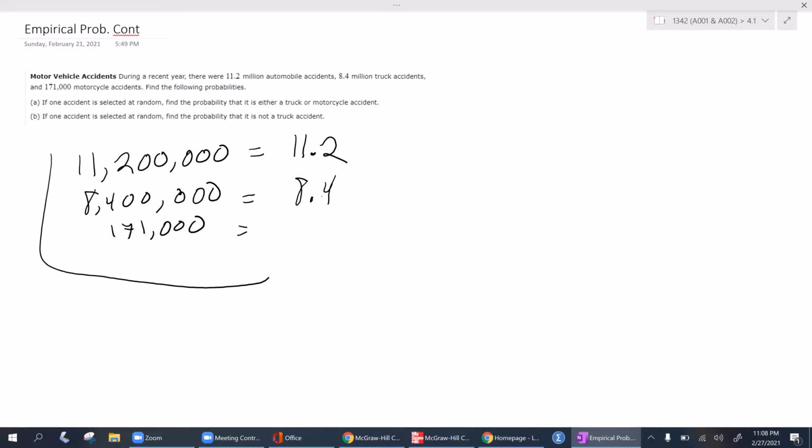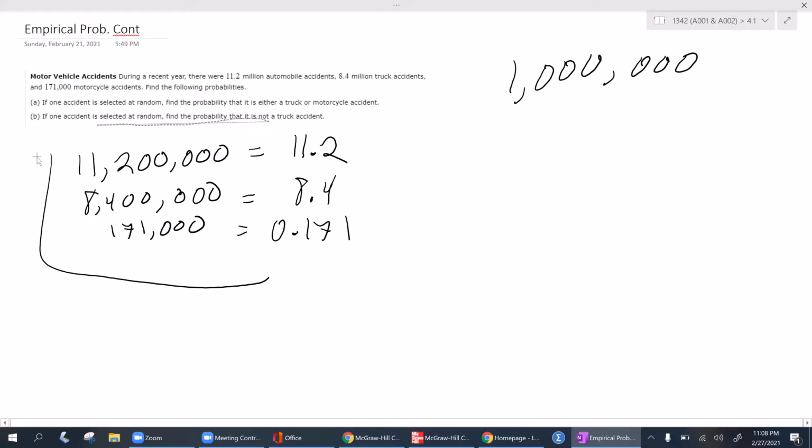It gives us 8.4. Some of us might have been thinking, how do you write 171,000 in millions? Well, you do the same thing. You get 171,000 and you divide this by a million. A million has 6 zeros. If you plug this in, it just gives me 0.171 million.